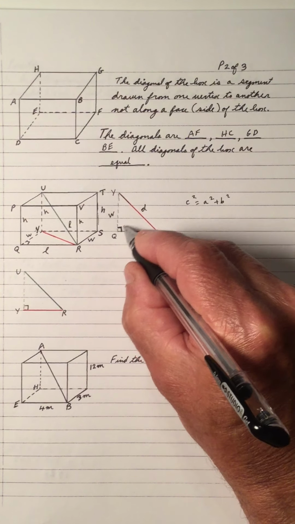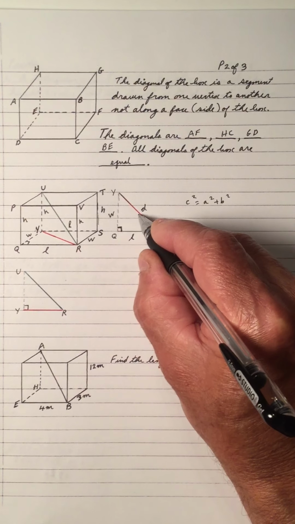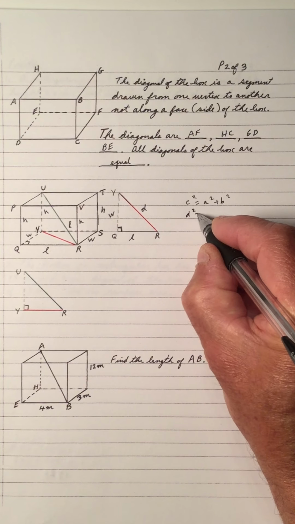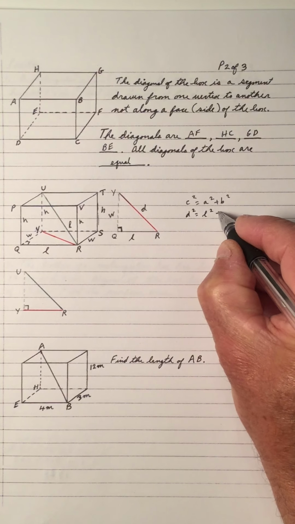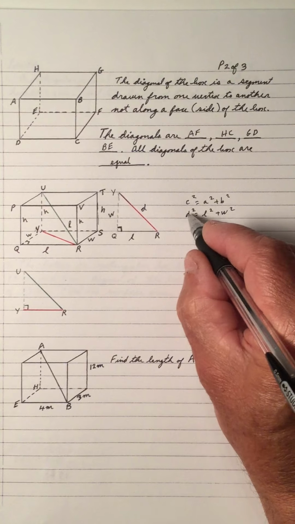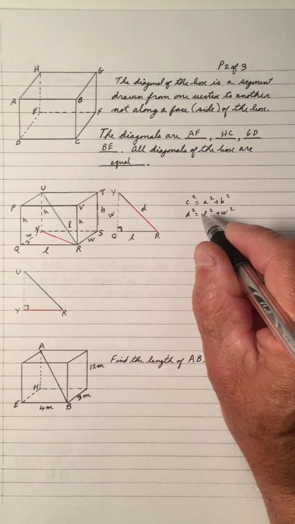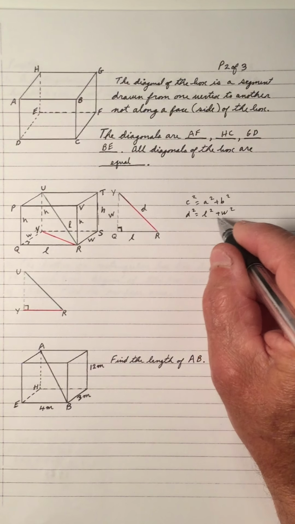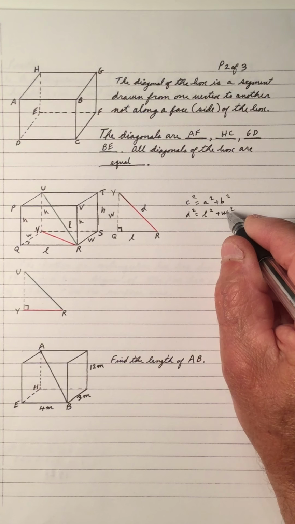C is the hypotenuse, opposite the right angle. So D is the C. The L and the W are the two legs. So in relation to the length and the width of the bottom of the box, we have a Pythagorean property written down.